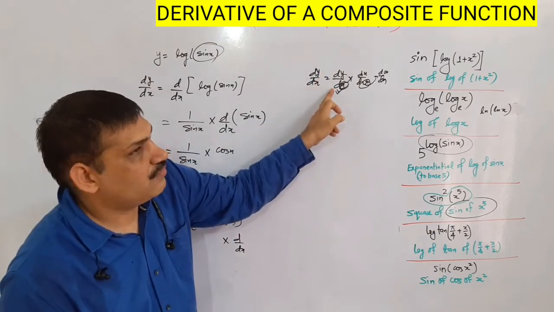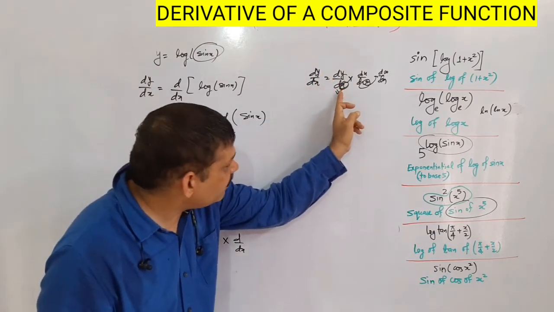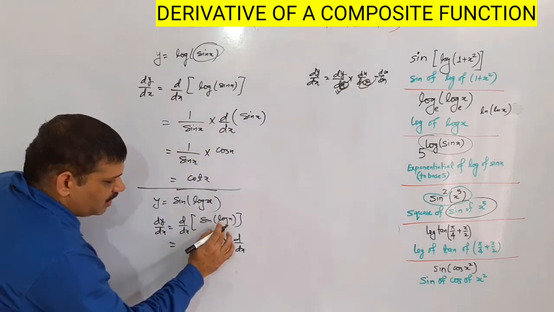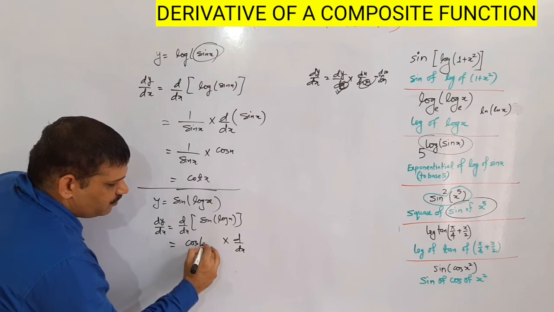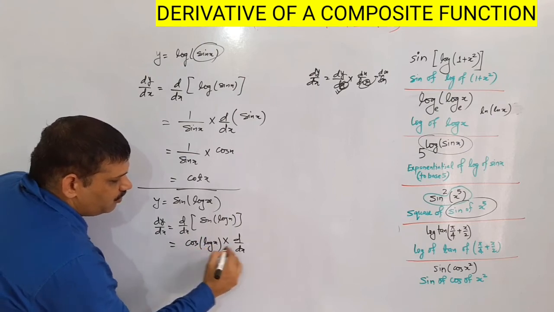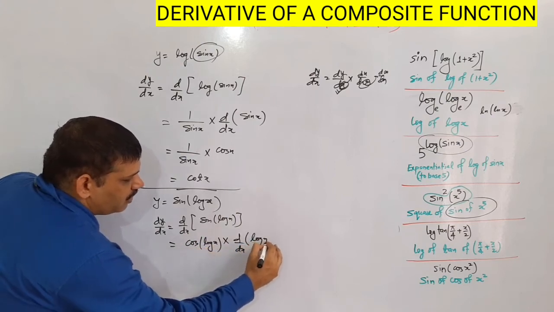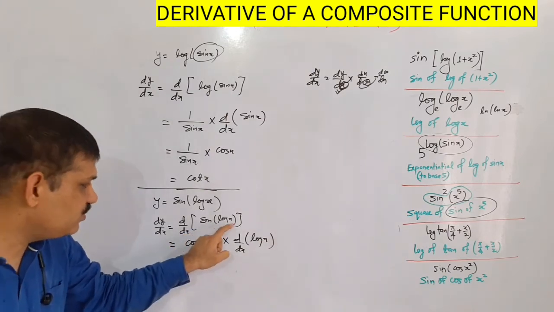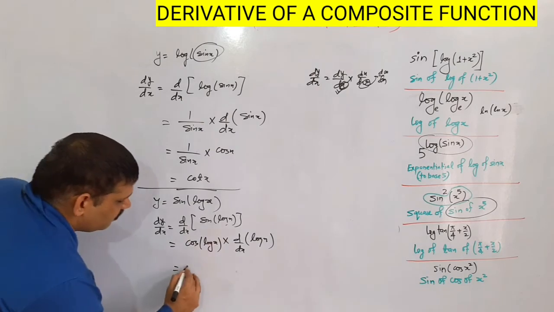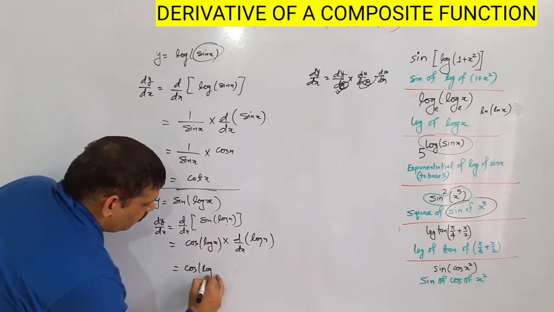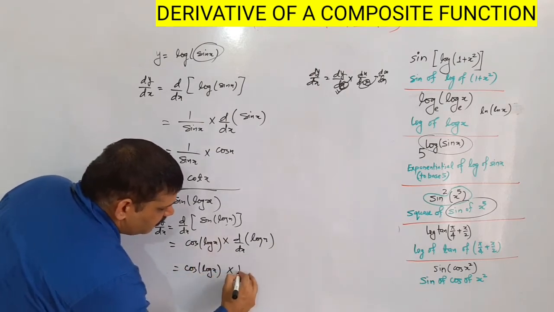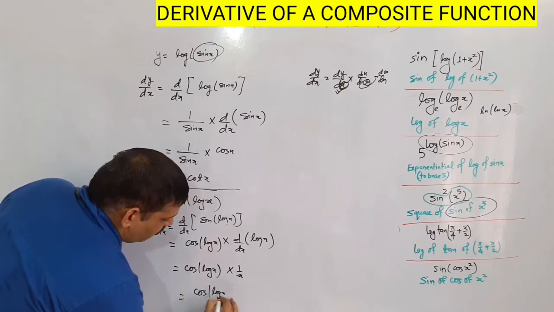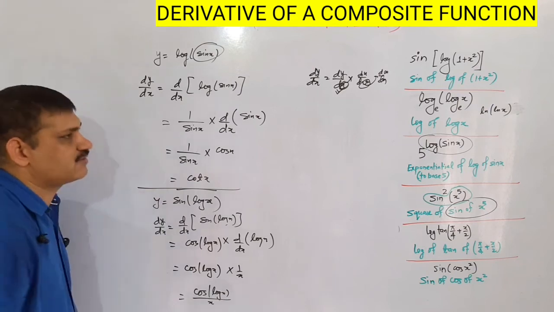Derivative of y with respect to u into derivative of that variable with respect to x. So derivative of sine of u is cos of u, into derivative of u. Try to understand, simple. Sin of u becomes cos of u, into the derivative of this u. Now cos of log x, and the derivative of log x is 1 upon x. This will give us cos of log x divided by x.